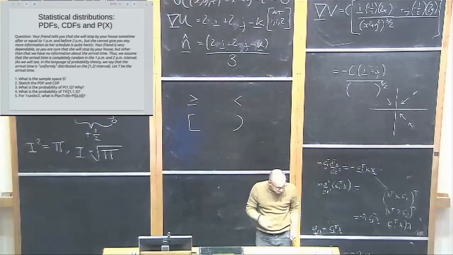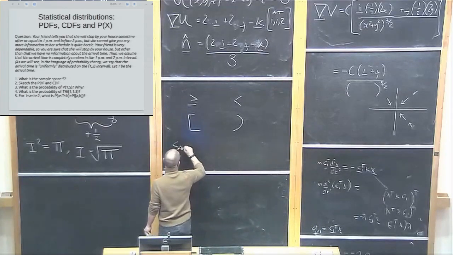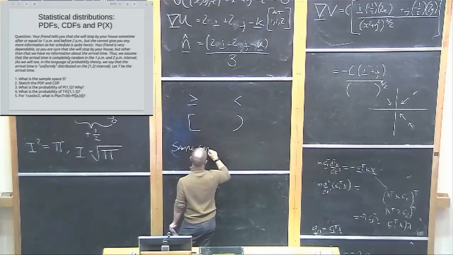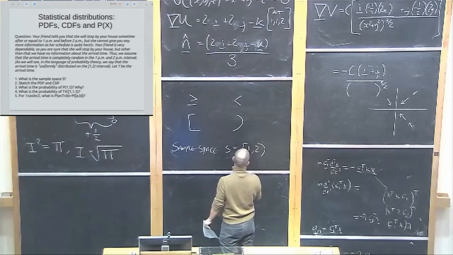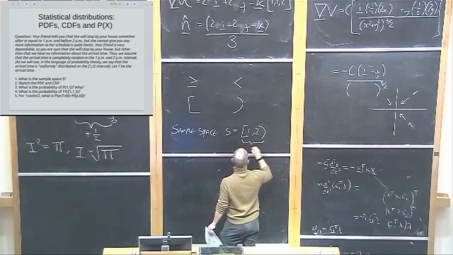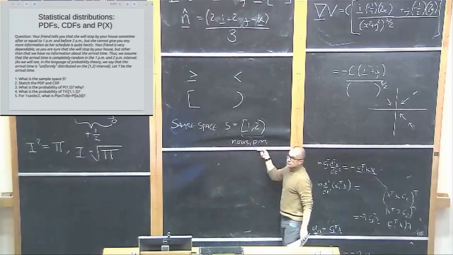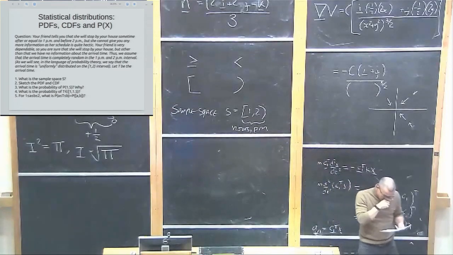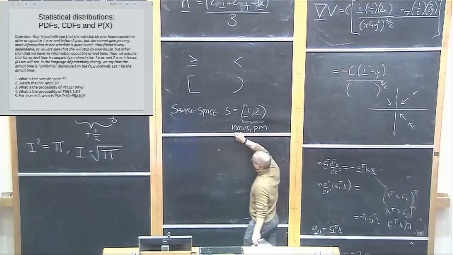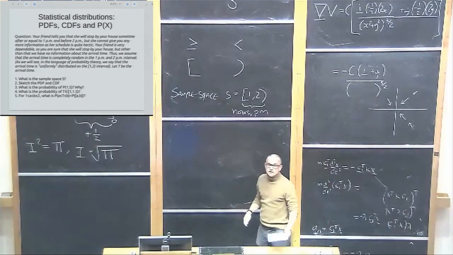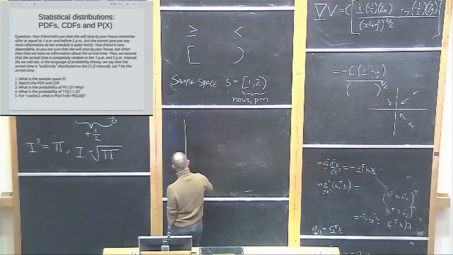Well, the sample space in this case is simply the interval from 1 to 2, where these are hours PM. It's important to be consistent with what your units are. Sketch the probability density function and the cumulative distribution function in these two cases. So this is what we're going to do.